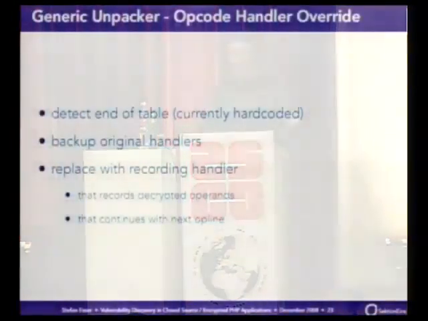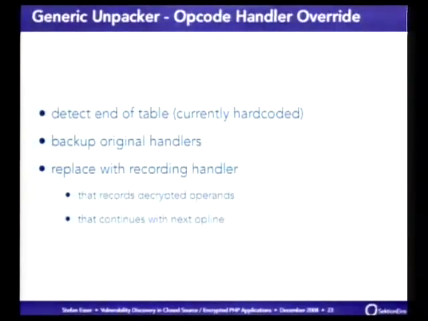So the next problem is to detect the end of the opcode table. I already told you I'm lazy, so I don't detect that. I just know that SendGuard replaces 150 or 151 opcodes. So for SendGuard it's always 151. For IronCube it's like 255, and Source Guardian doesn't need this.